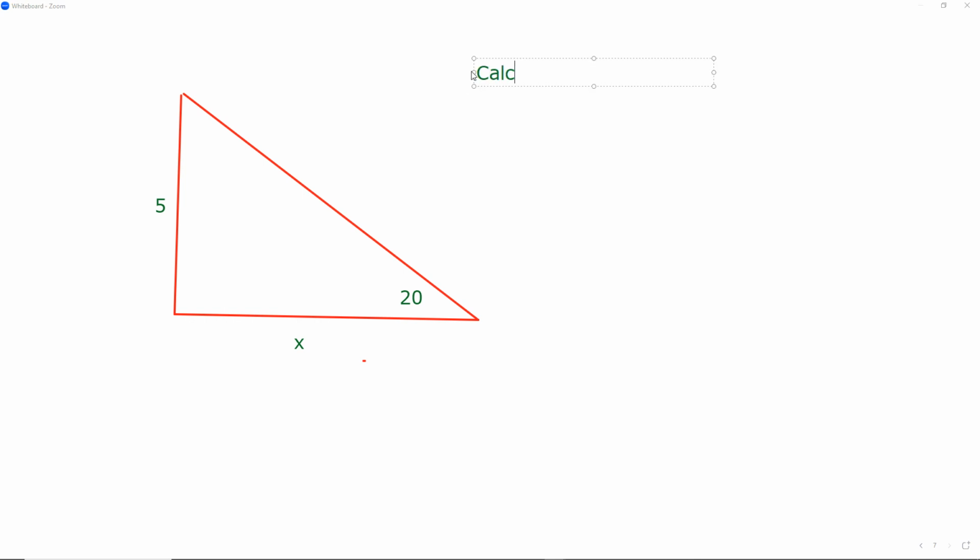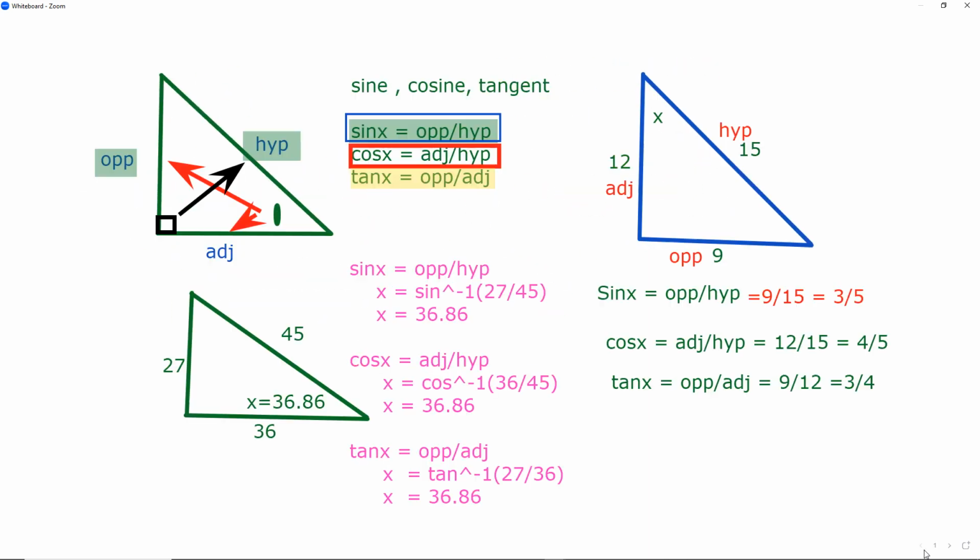So we want to calculate the value of x. Step 1, we identify the sides, and we see, okay, well, this side is adjacent, this side is opposite. Okay, so we label it adjacent, opposite.